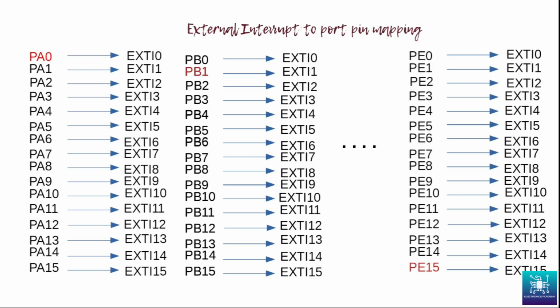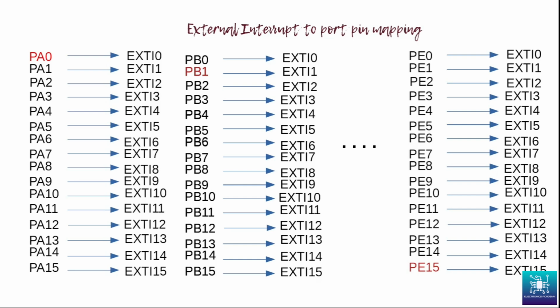Now this is a map of how the external interrupts are related to the ports of the controller. So in the case of STM32F411XC or XE, we have ports A to E, and for port H, 2 pins are used.